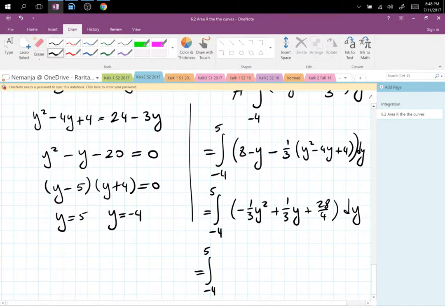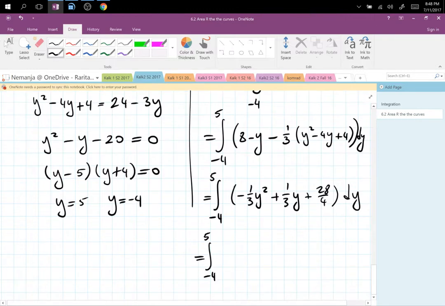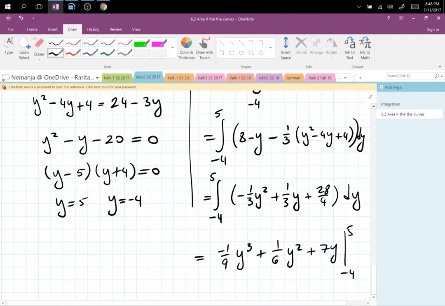I will integrate, get negative 1 over 9 y cubed plus 1 over 6 y squared plus 28 over 4, that can cancel, that's a 7y, from negative 4 to 5.